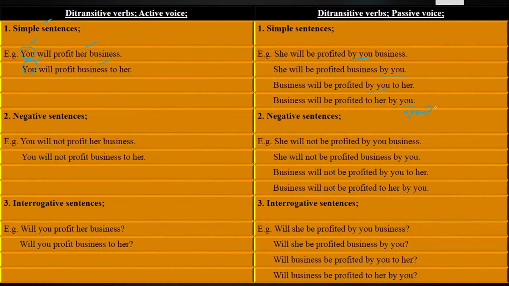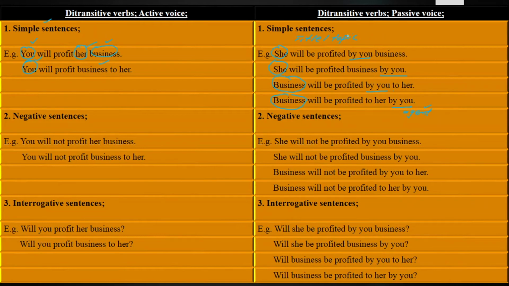And what is the definition of agent? It tells us who does an action, and over here your subject agent is the doer of an action. After that, when you bring the object, whether the indirect object or the direct object, at the beginning, like in the first and second sentences, her changes into she as a subjective case, and business in the third and fourth sentences. These will be called the title or topic subject.